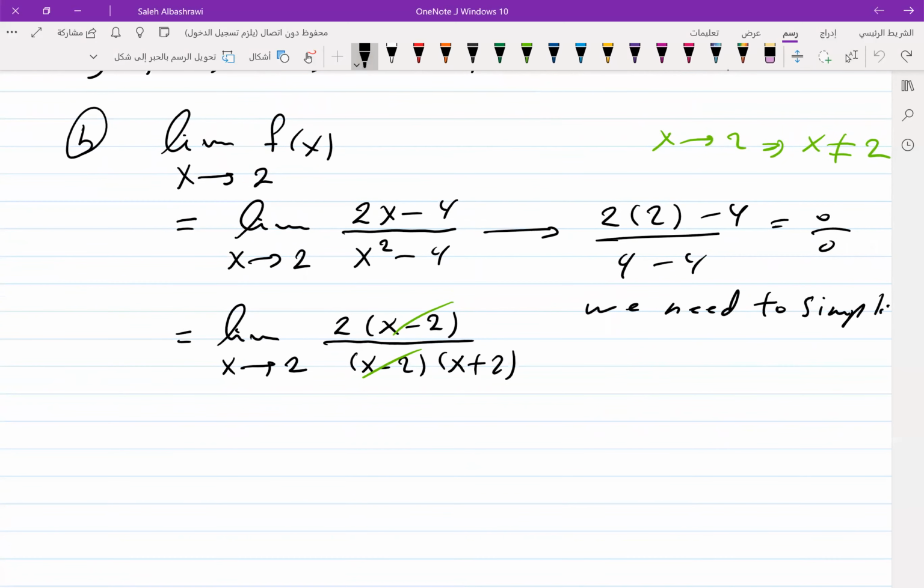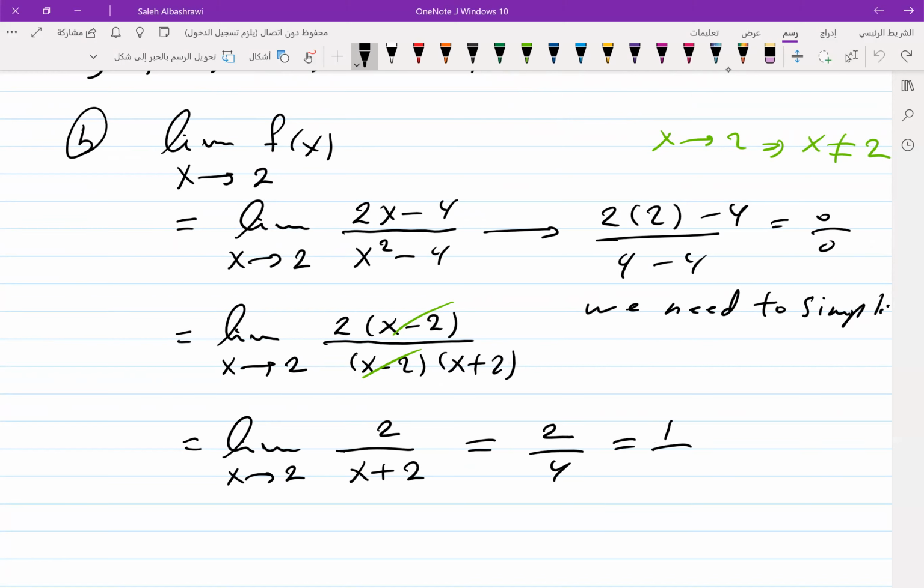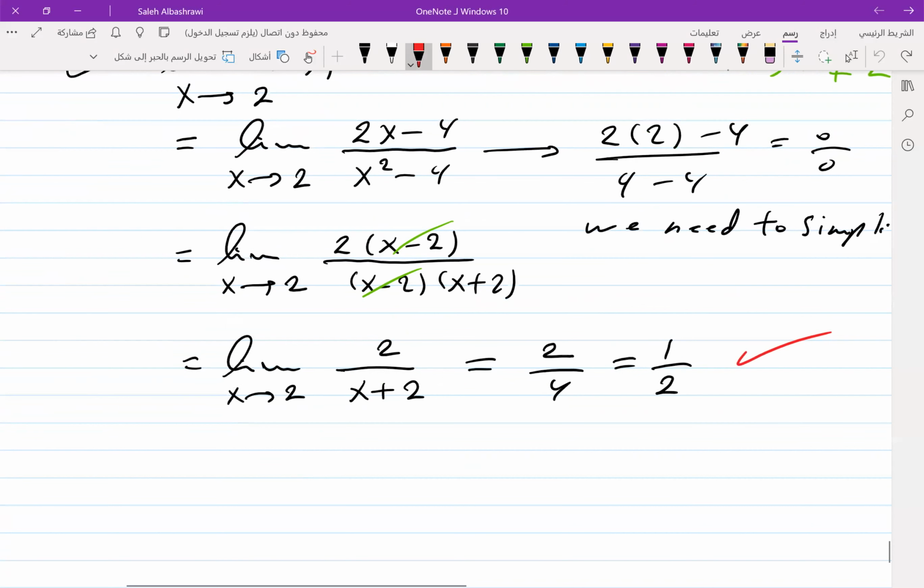So the limit will be 2 over x plus 2, where x goes to 2, and this will give me 2 over 4, which is equal to 1 over 2. Now the limit exists, which is okay. So the second condition is satisfied.